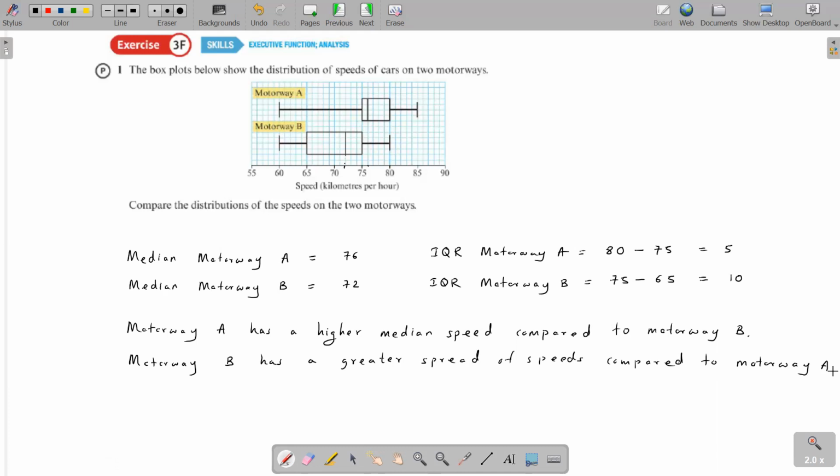As you can see, I have done the comparison by using two factors, the measure of location and the measure of spread.